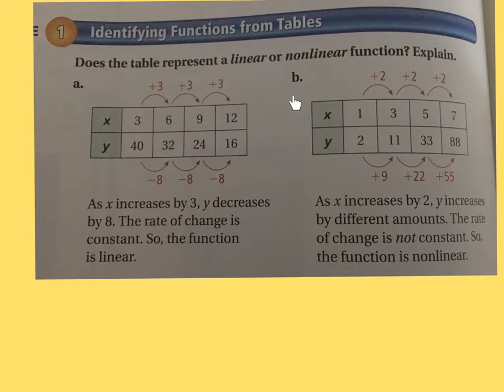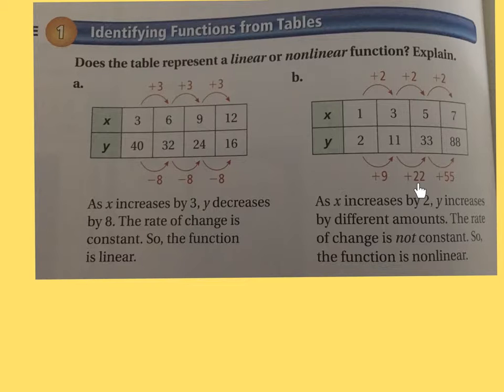Now let's take a look at B. Let's look at x: 1, 3, 5, 7. 1 to 3, you add 2. 3 to 5, add 2. 5 to 7, you add 2. So that's constant. We're good there, but let's check out the y. 2 to 11, we add 9. 11 to 33, we add 9.